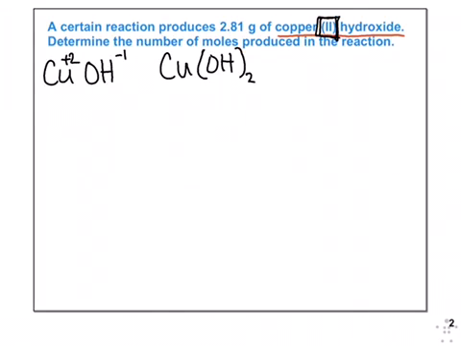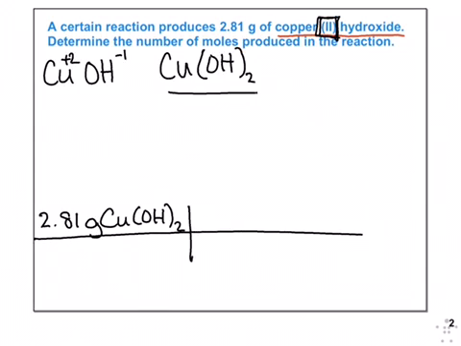And then, now that we have our formula, it is asking for us to determine the number of moles in this 2.81 grams of copper hydroxide. So we start with what we're given, 2.81 grams of Cu(OH)2.